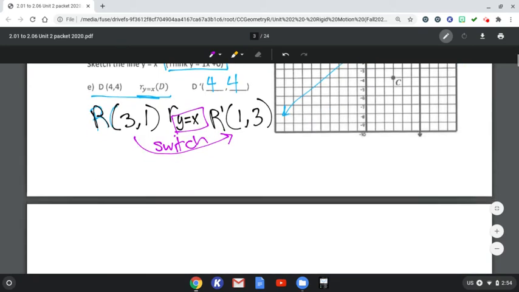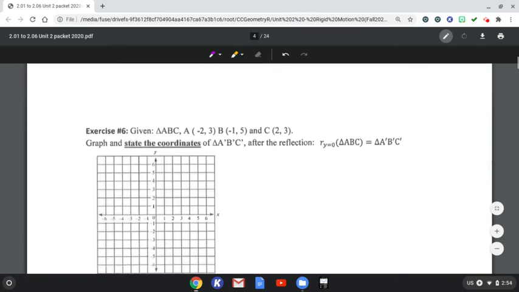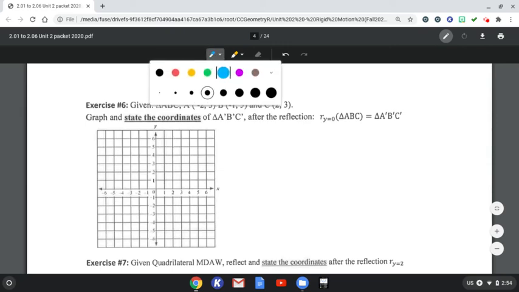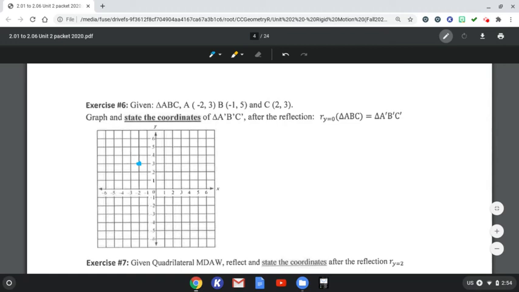So the last couple questions on the next page, exercises 6 and 7. It might be 6, 7, and 8. I have a shape given to you. A is negative 2, 3. B is negative 1, 5. And C is over 2, up 3.